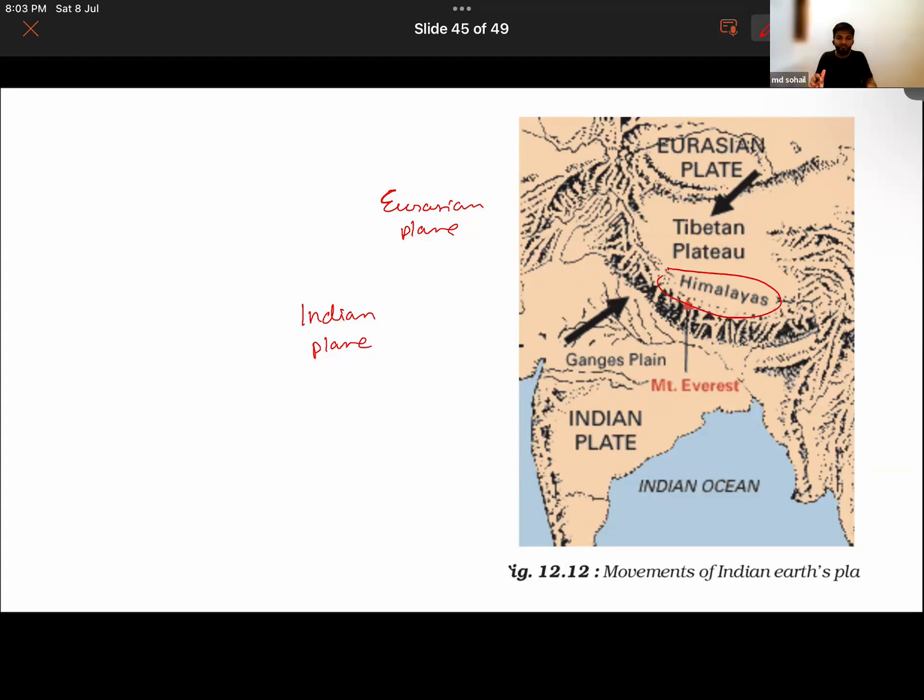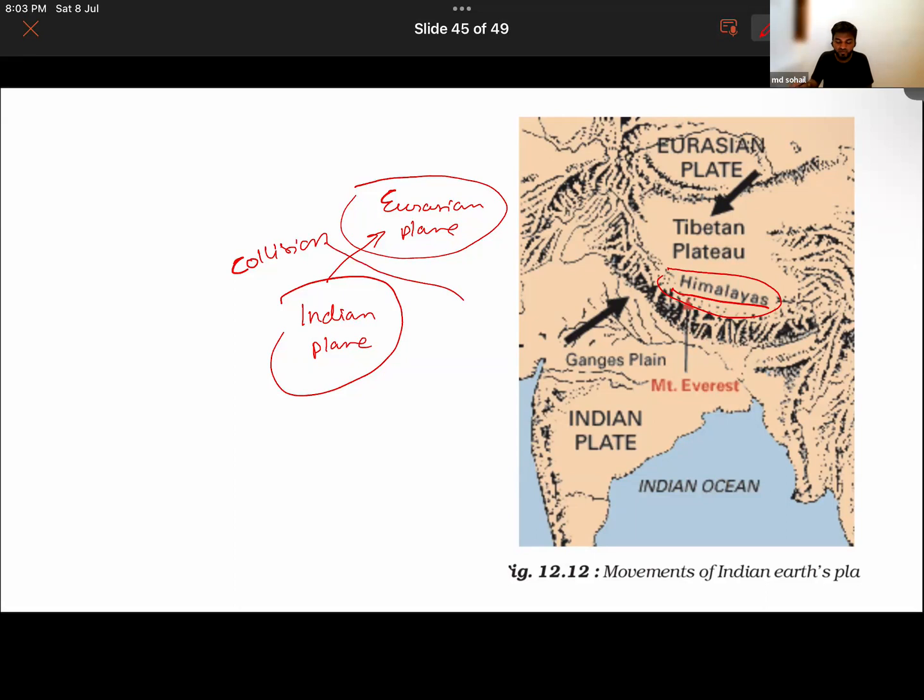When the Indian plate collided with the Eurasian plate, the collision occurred here. Due to that collision, it led to the formation of the Himalayas, right? So there's a fault line between the Indian plate and the Eurasian plate, right?